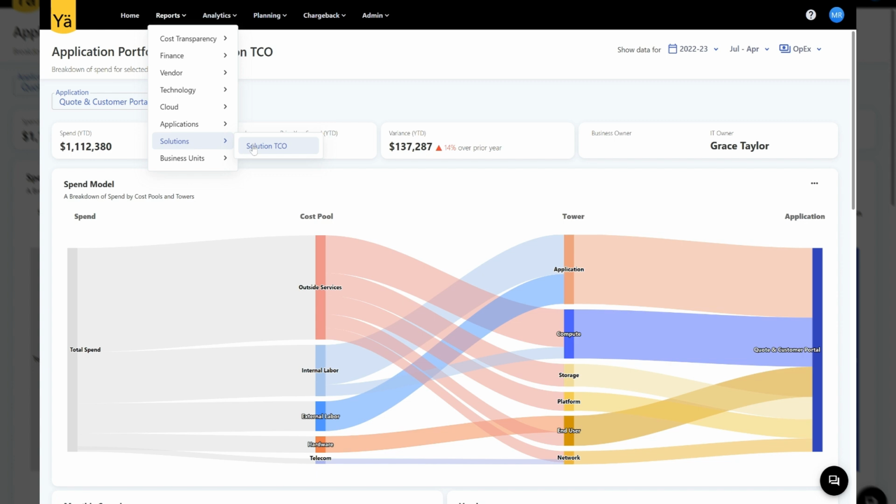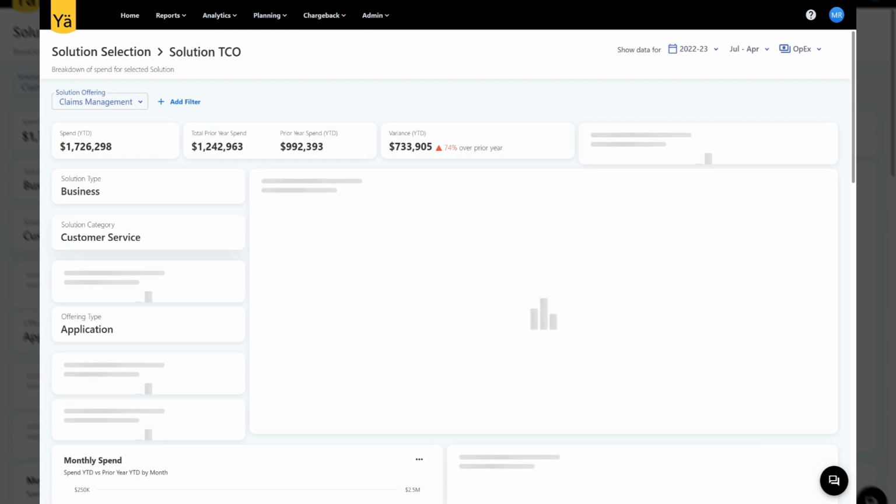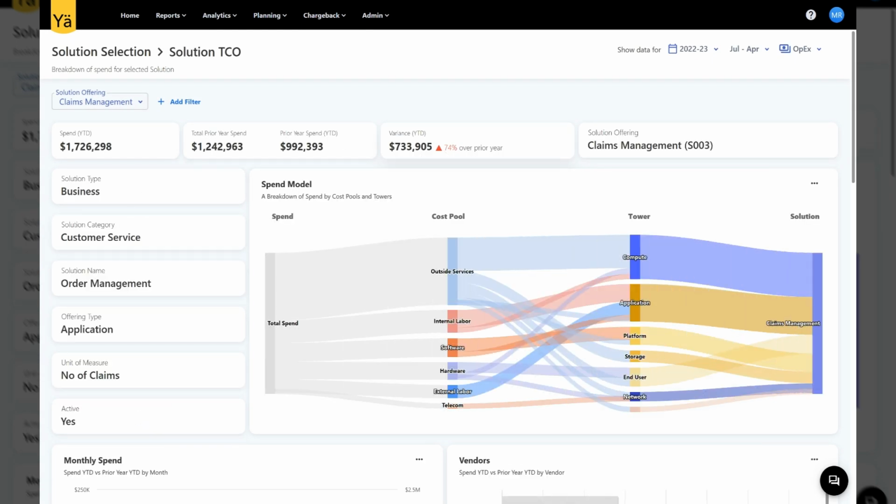Going up the chain, solution TCO. So this is now where we're stringing multiple applications, multiple services together to get to a solution offering or digital service offering. And then we can start looking at that. And it's pretty similar to what we've seen on the application space, but it just gives us more insights.